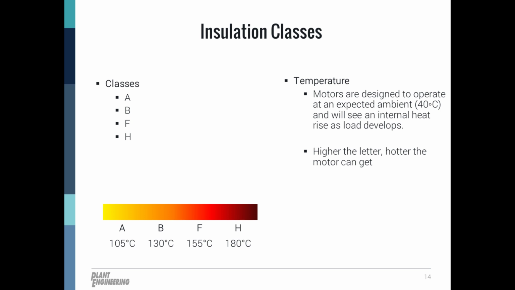Motors will be rated within an installation class, which applies to the installation components within the windings inside the motor, but also keep in mind that the bearings and other components will also be rated at temperatures above the class rating. So looking at NEMA rating specifically, you see here the higher the letter, the hotter the motor can get. In other words, Class H installation is rated to run at a higher temperature than a Class F. Always pay attention to motor rated ambient temperatures, as most motors come standard, I would say, to operate in a 40 degrees Celsius ambient.